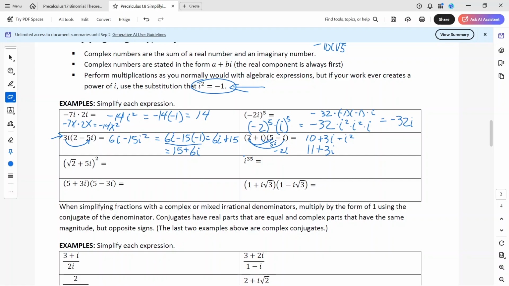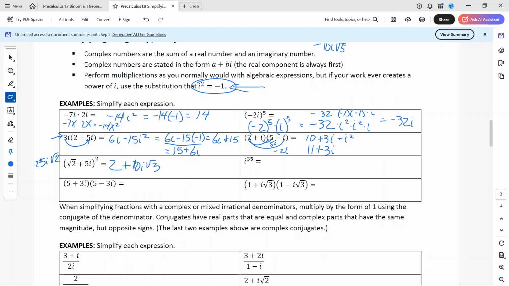Now, I'm going to use my binomial square routine as I expand this. I'm going to say first term squared. By definition, that's a 2. Twice the product. I'm taking 5i times the square root of 2, which is just simply 5i times the square root of 2, but I have to double that. And as I double that, notice it becomes 10i square root of 2. And it was positive, so plus 10i square root of 2.